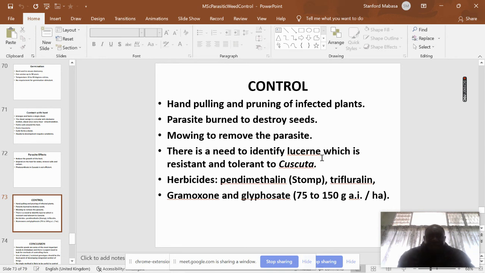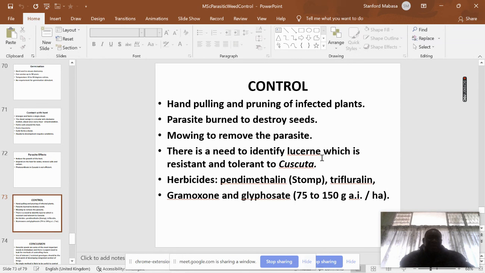Now let us look at the control. Because this is a shoot parasite, if you try to control it, you can also kill the host. That is the challenge. You can do hand pulling if you can see those seedlings. And you can prune infected plants. You try to chop some of the infected plants to prevent further parasitism.